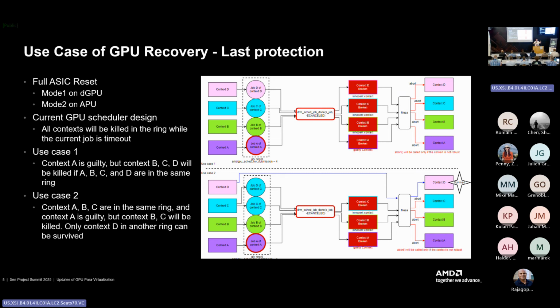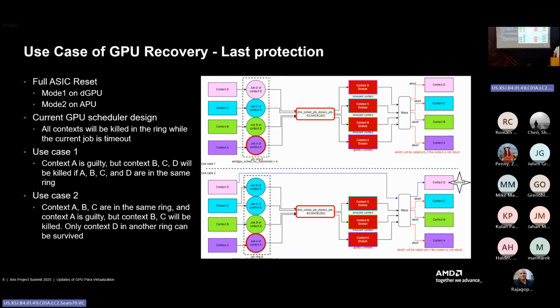It is together with the CPU on a HyperTransport bus. So we cannot use the simple PCIe reset to recover the APU iGPU. So we implemented another one, the mode 2 reset, for the APU system. This is the difference between the dGPU and the APU.